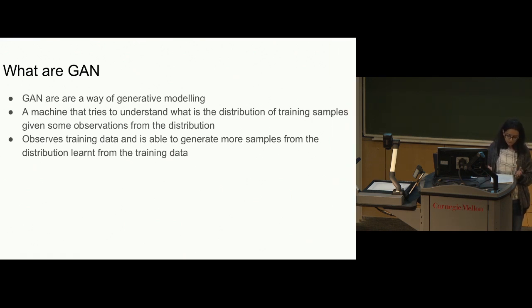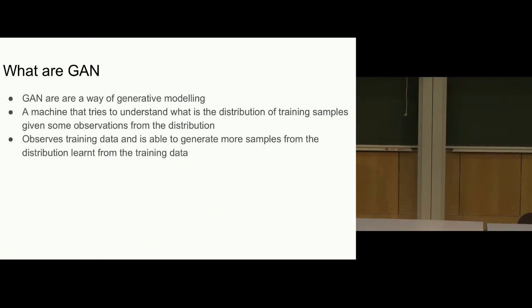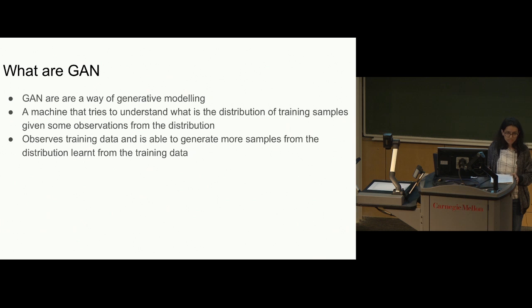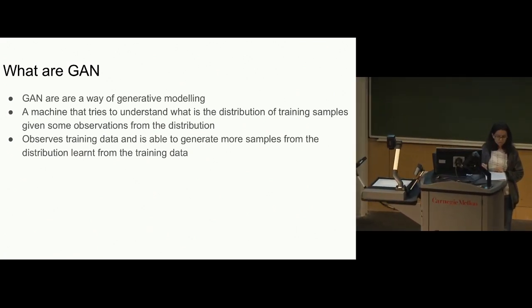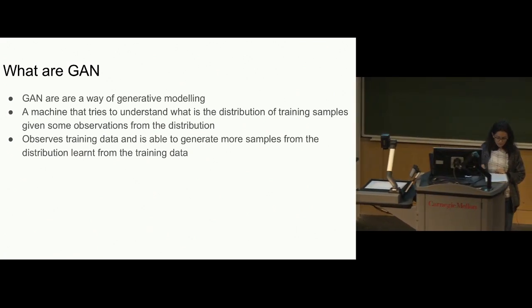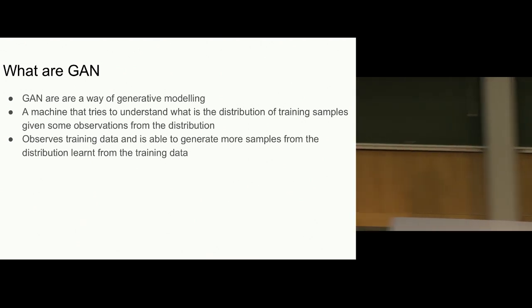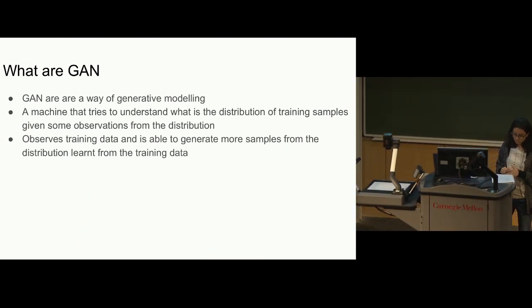From a collection of points, you infer the density of the function that generated those points. And the second thing that you might want a generative model to do is to learn a function or a program that observes the training data and is able to generate more samples from the same distribution as the training data.